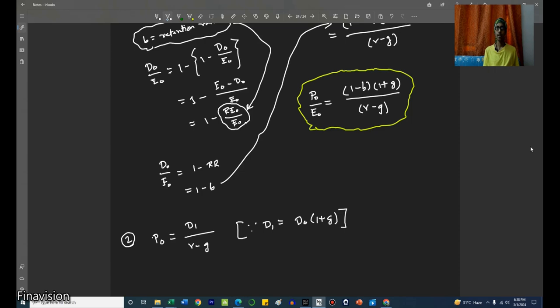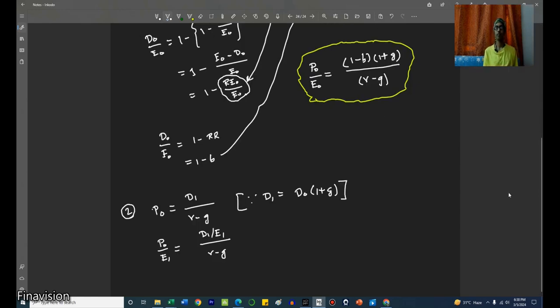So we can divide both sides by E1: D1 by E1 by R minus G, right? If you simply have to translate this, this becomes 1 minus B by R minus G.